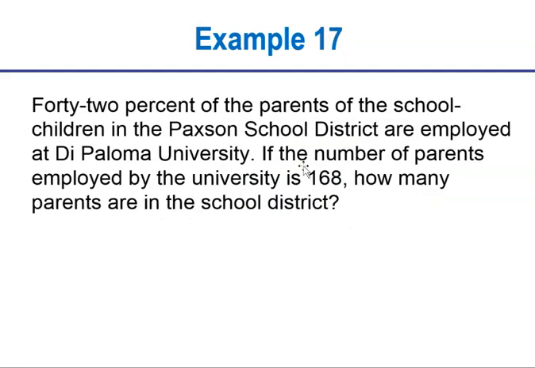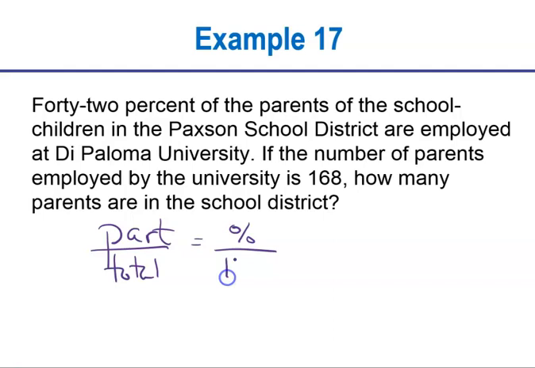Let's keep going with our examples. Okay, so 42% of the parents of the school children in the Paxton School District are employed at Diploma University. If the number of parents employed by the university is 168, how many parents are in the school district? Okay, now we could think about this in terms of part over total equals percent over 100.